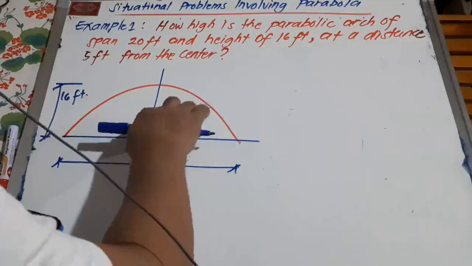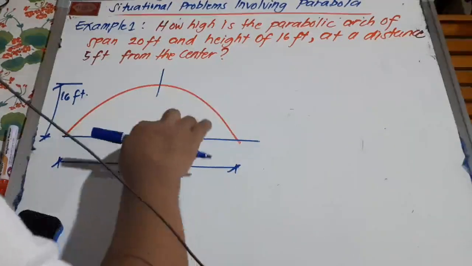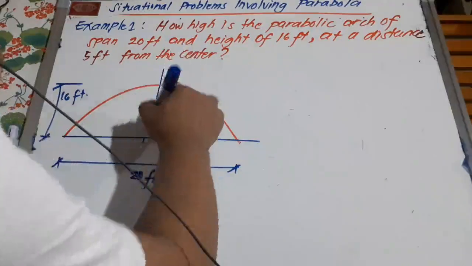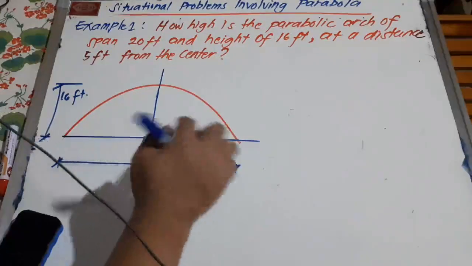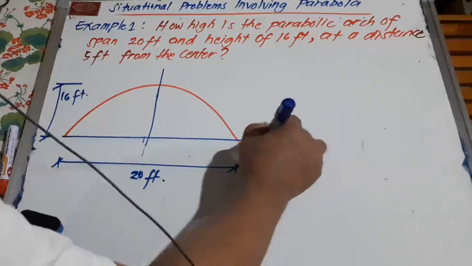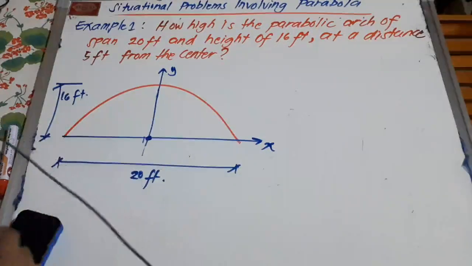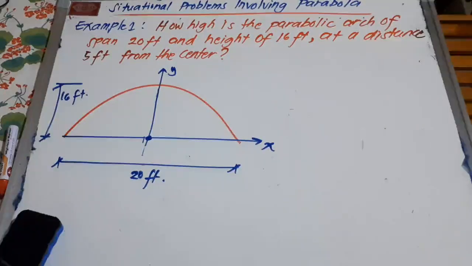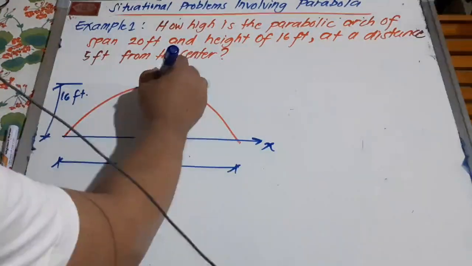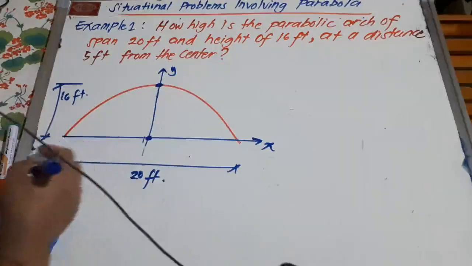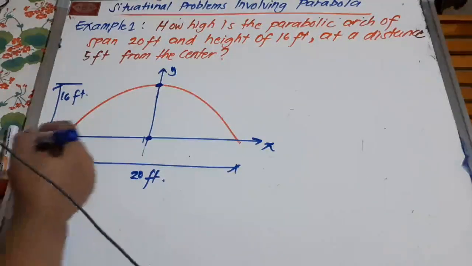Okay. Sabihin natin, ito yung ating x-axis, ito yung ating y-axis. And this is the origin of the xy plane. Now, ito yung topmost part of the parabolic arch, meaning naroon yung kanyang vertex.